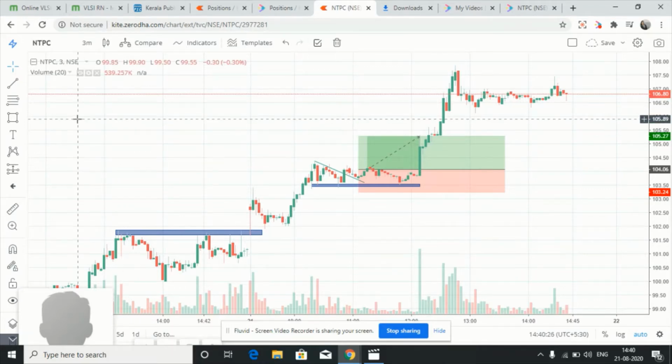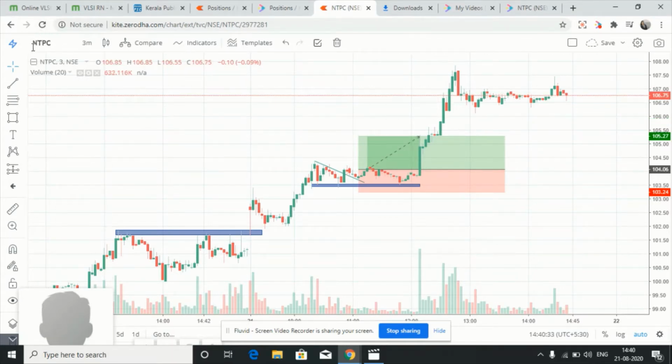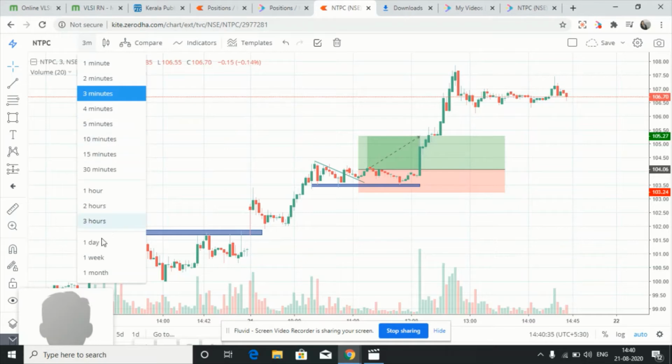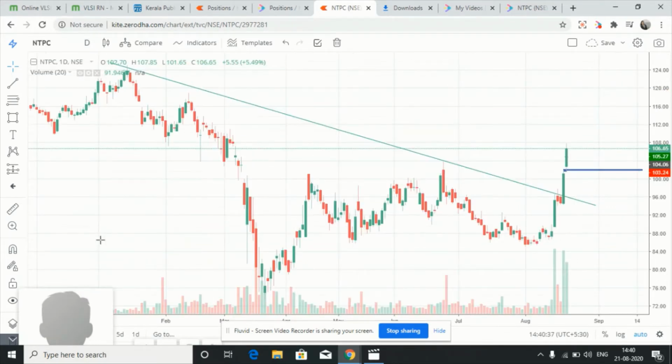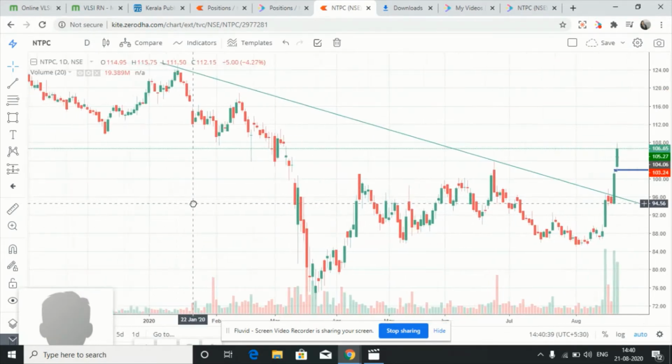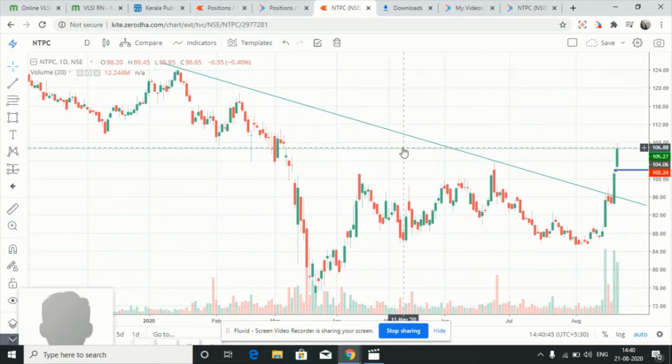We can use a 30 minute chart, a 15 minute chart, or even a 1 day chart. Today I'll be dealing with NTPC by looking at the 1 day chart, the daily chart, where I have drawn a trend line.